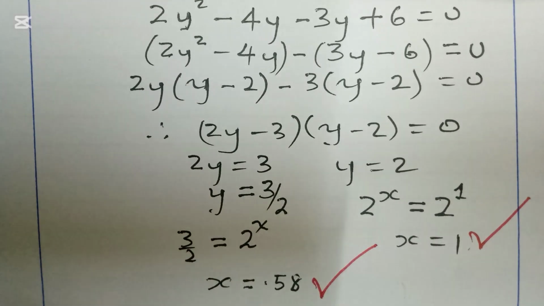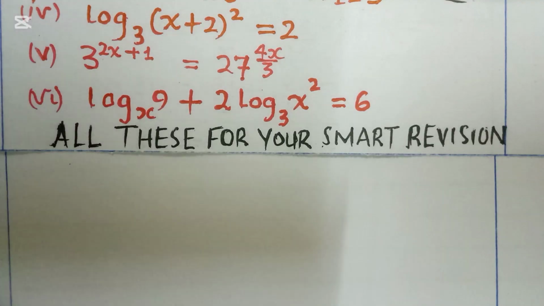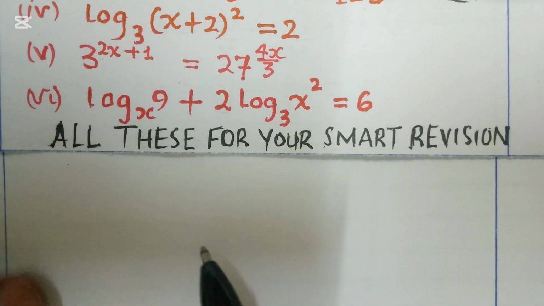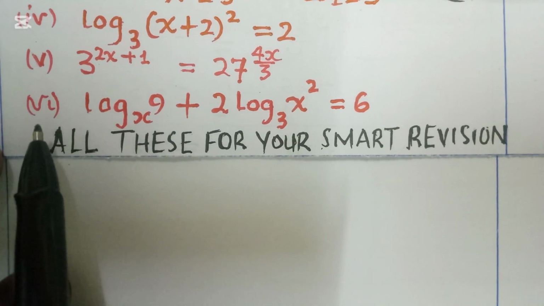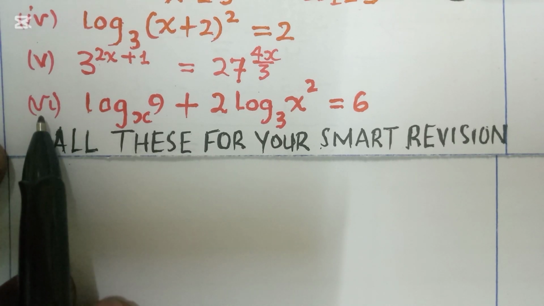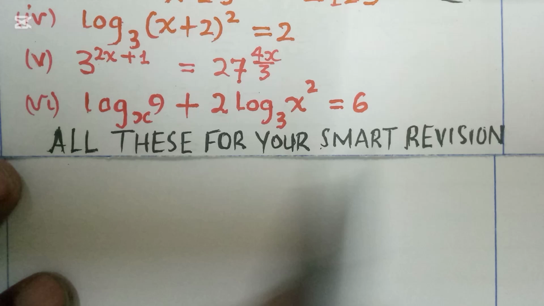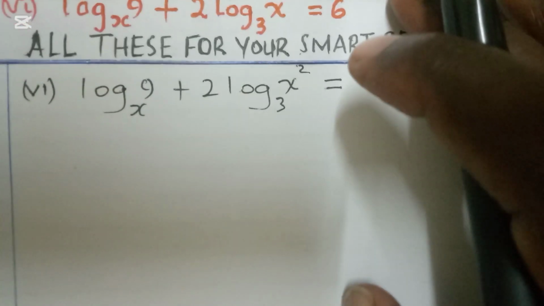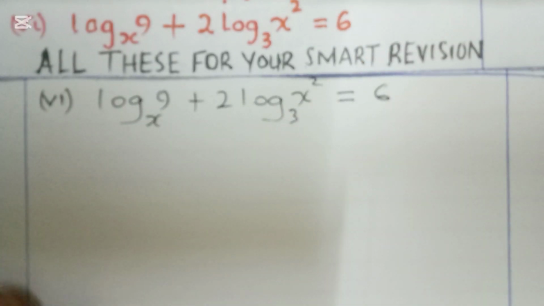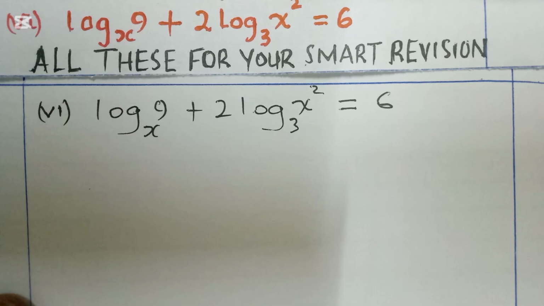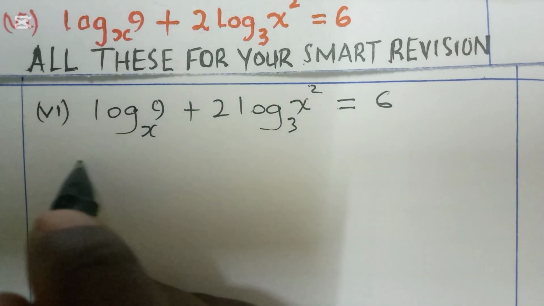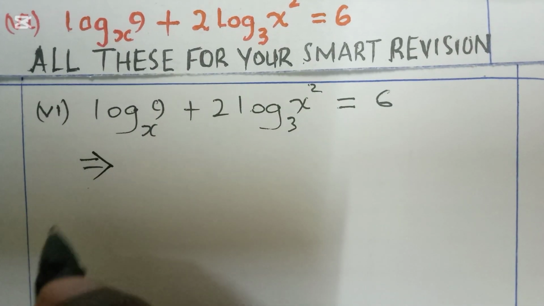So let's see whether we can continue. Since time is far spent, let me just try this last one, which is Roman 6. I have already written the problem down here, and we continue with it. I'll change the base into base 3.